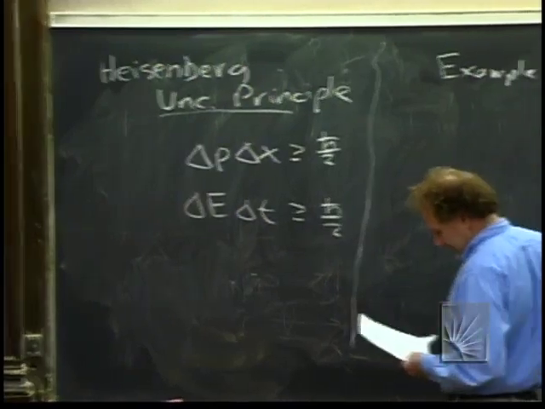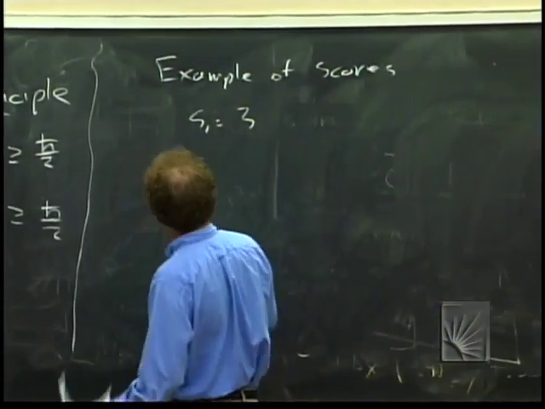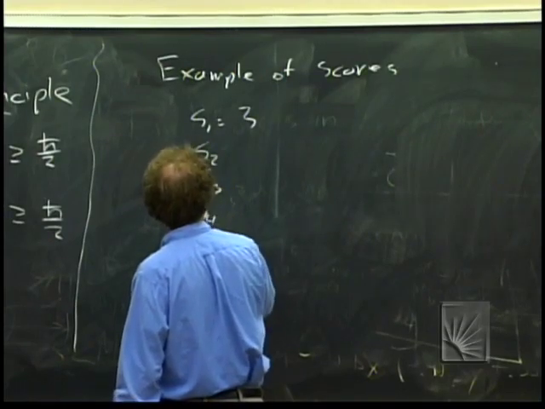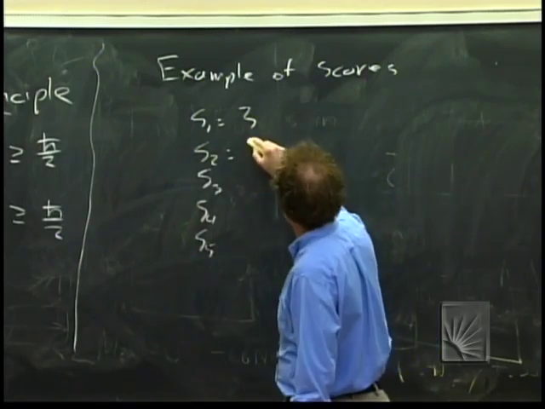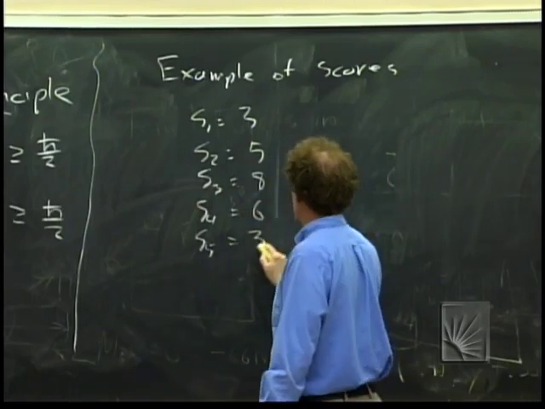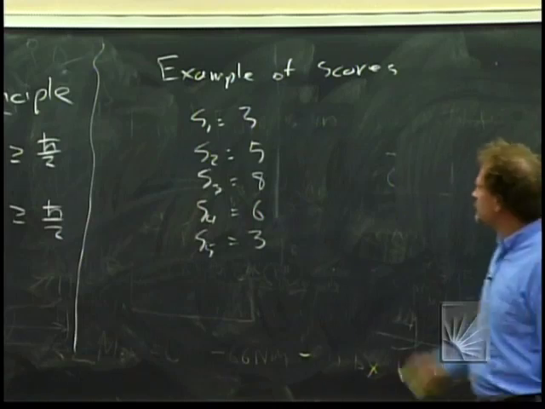Suppose I had 5 student scores, let's say quiz scores or homework scores. What did I pick? 3, 5, 8, 6, 3. So this is familiar to you. Suppose those are the scores on some quizzes.